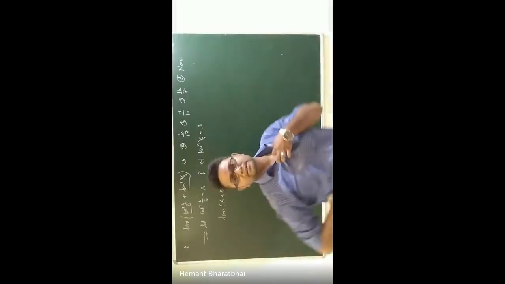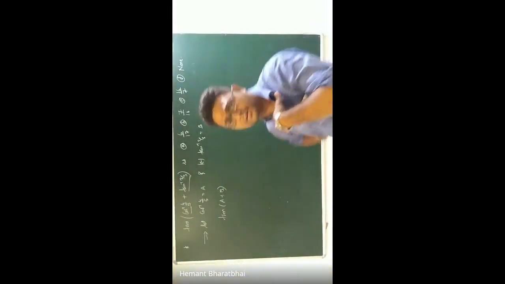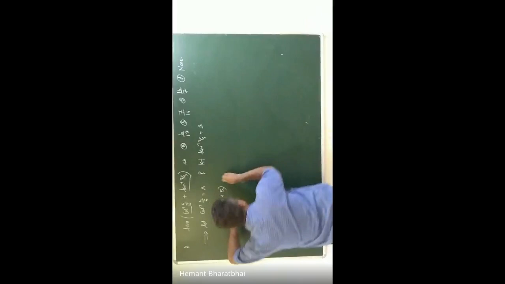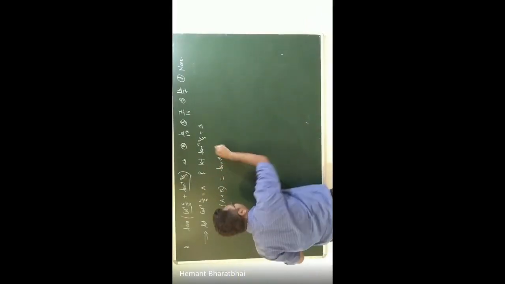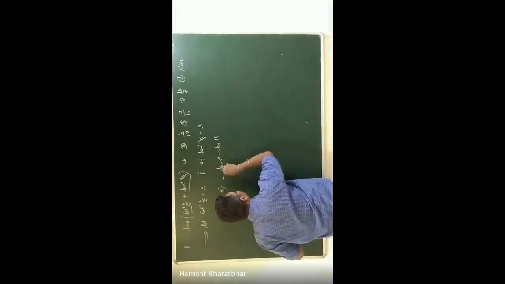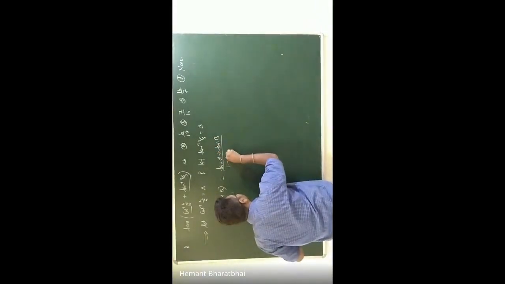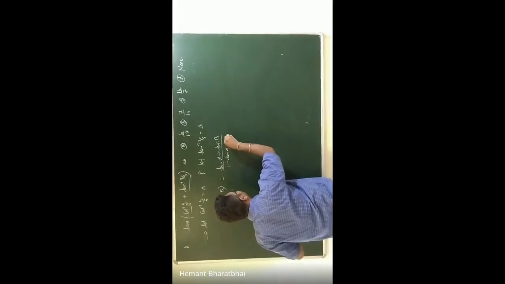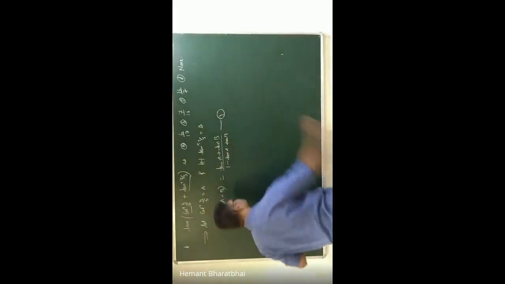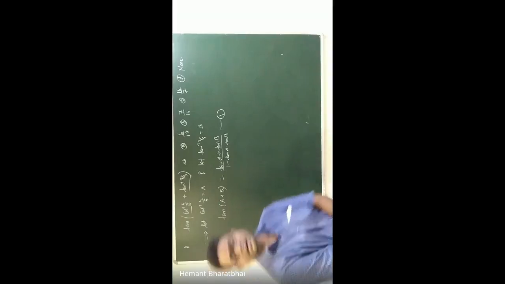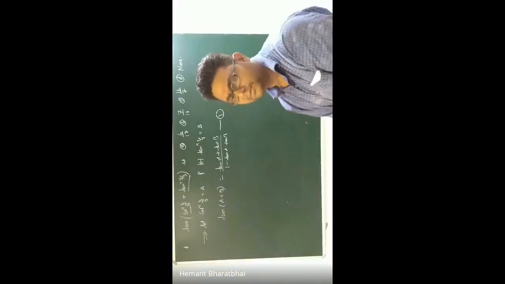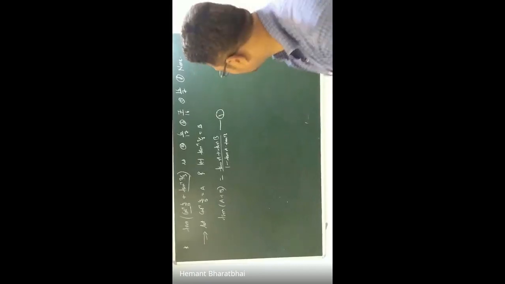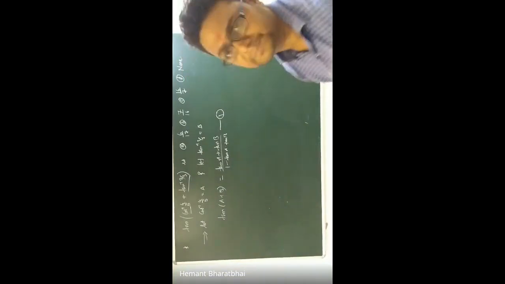Now the advantage of assuming this is my question reduces to tan of A plus B, and I know the formula for this. Tan of A plus B is nothing but tan A plus tan B upon 1 minus tan A into tan B. So now if I get the value of tan A and tan B and substitute in this equation number 1, then I'll get the answer for the given question.